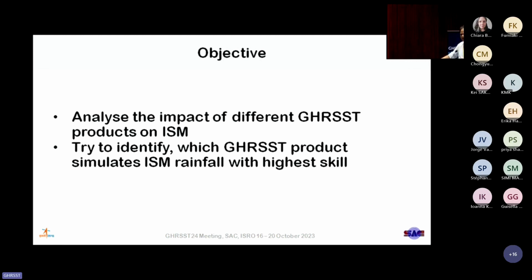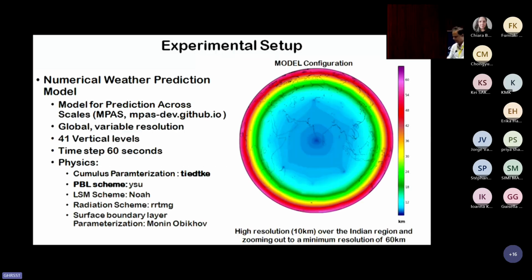Now, these are very preliminary results which I'll be presenting. The study is still ongoing. This is the experimental setup that we have made use of to achieve these objectives. So we have made use of the MPAS model.